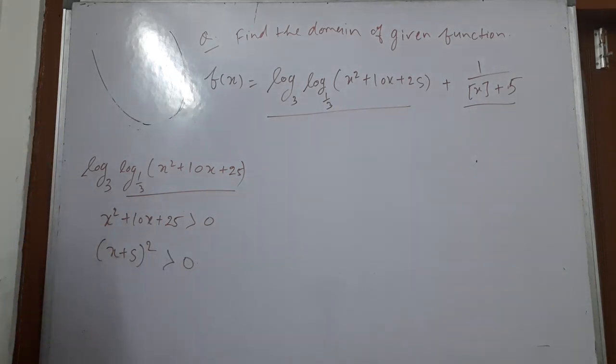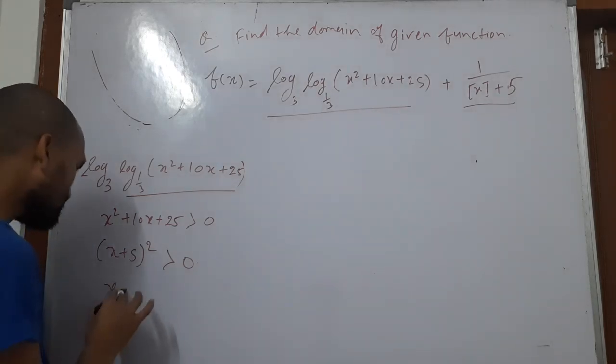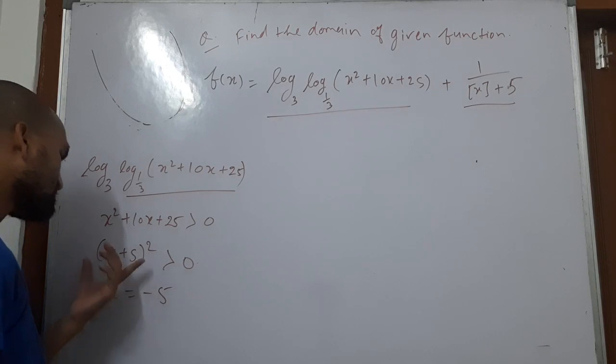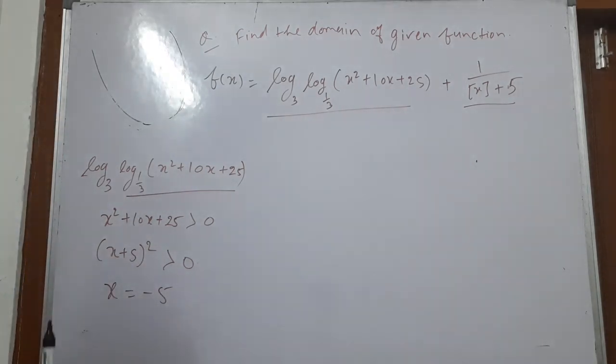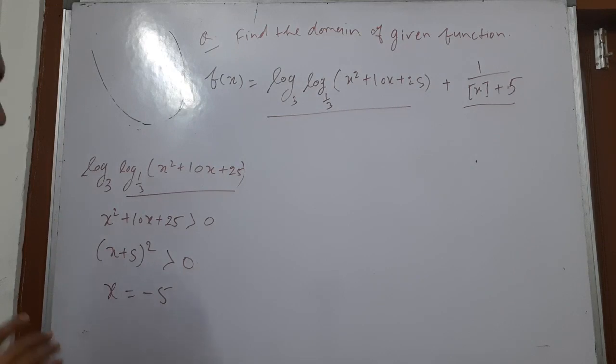Is this always greater than 0? No, this is greater than or equal to 0. So for what value is this 0? For x equal to minus 5, this value is 0. If we neglect x equal to minus 5, then it will always be greater than 0.